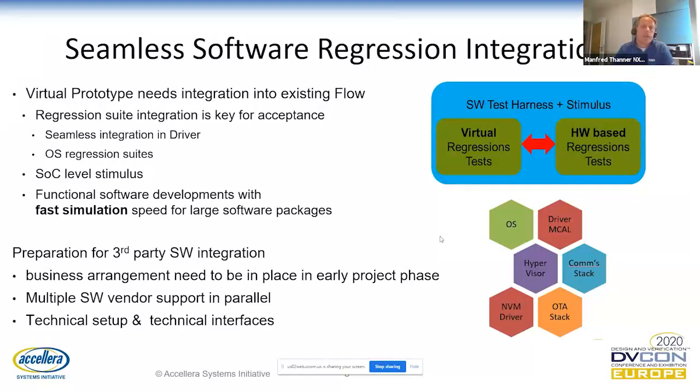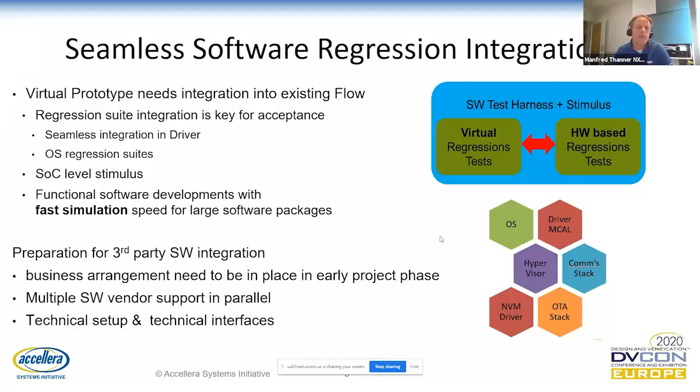One of the items which needs to be carefully looked at when deploying a virtual prototype in an intercompany setup is that the software regression is being integrated into an existing flow. In most cases, we're not starting on a blank sheet of paper. There are existing software flows, and they differ significantly between the different user groups, from driver, hardware abstraction, operating system, to functional software function development.